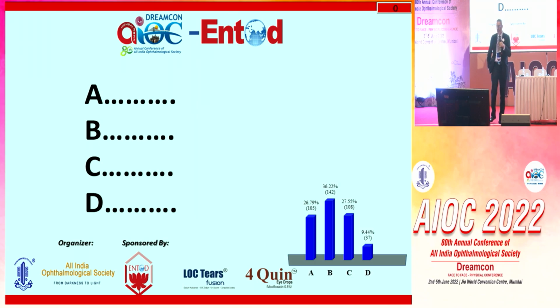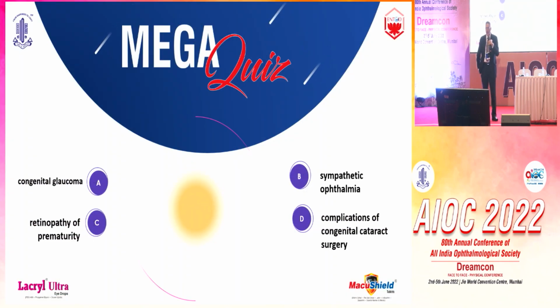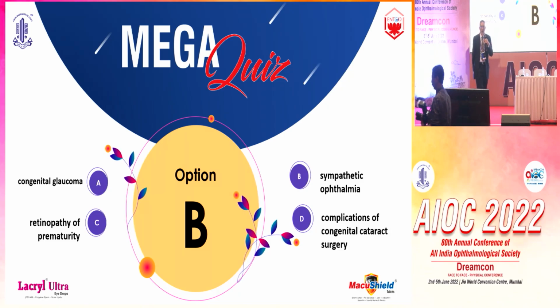And we got it spread across. Nobody thought it was complications of cataract surgery. Very few people thought that. So it was sympathetic ophthalmia. It was a dreaded disease in those days. So he had an injury in one eye and sympathetic ophthalmia in the other. And that's how he was able to give us the Braille language. Next.